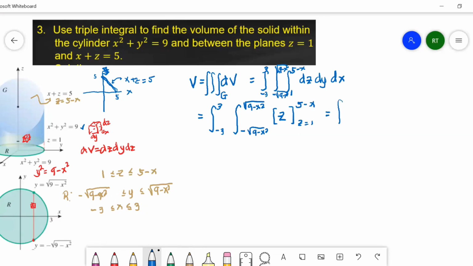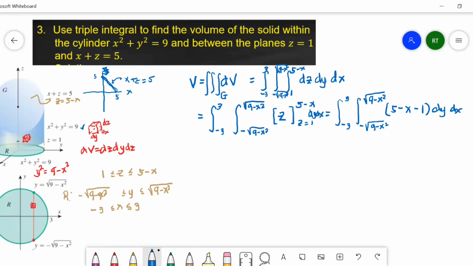Hence this is equal to the integral from minus 3 to 3 in x, then in y, negative square root of 9 minus x squared to positive square root of 9 minus x squared. Sorry, there must be dy dx here. And when z is equal to the upper limit 5 minus x, then we have 5 minus x, minus the lower limit, 1, dy dx.